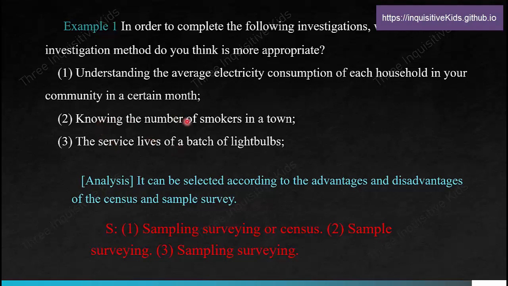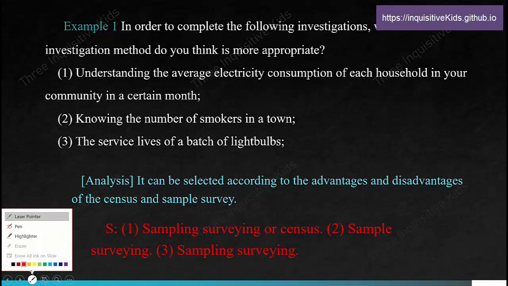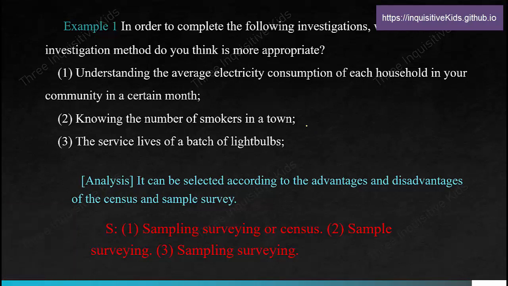2. Knowing the number of smokers in a town, and that is sample surveying. So how we can use sample surveying here is, say you have a total population of about 500 in your community, whatever community, so in town.